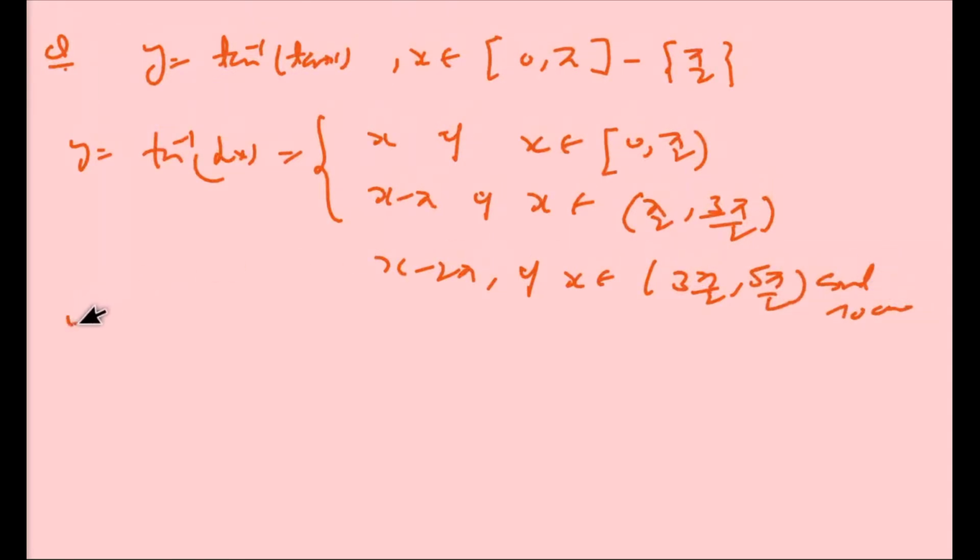Okay, so we will take tan inverse tan x equal to which one? 0 to pi, 0 to pi by 2, here 3 pi by 2 and 5 pi by 2. So we can take here 0 to pi by 2 and union pi by 2 to pi.